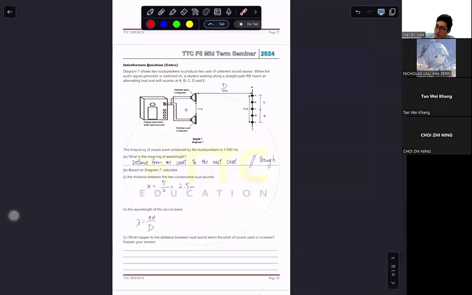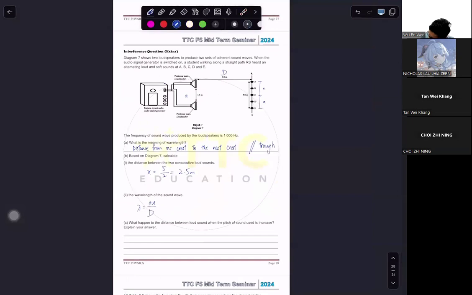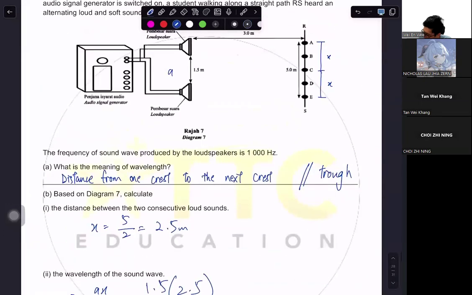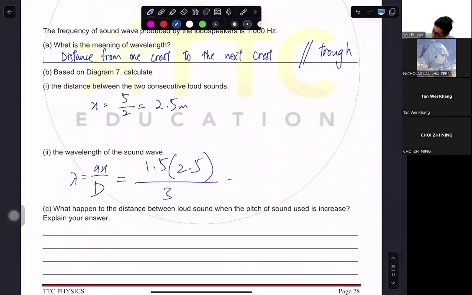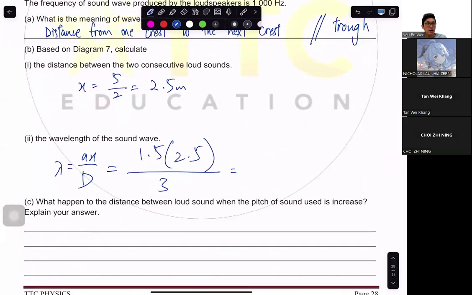So now you know what is everything. You can put all the numbers in. a is 1.5, X is 2.5, and D is 3.0. And you can calculate what is this wavelength.